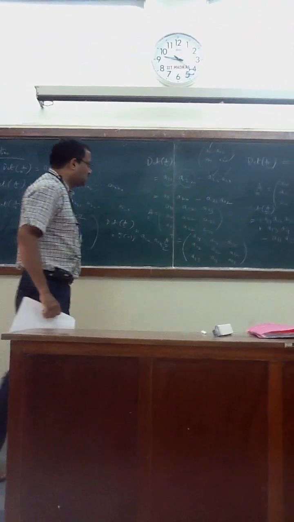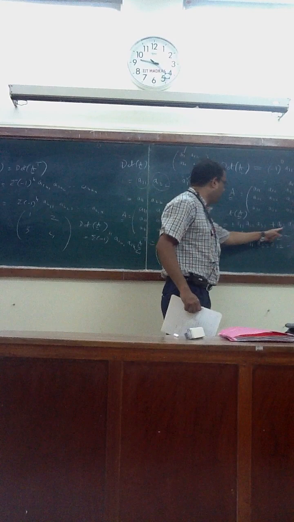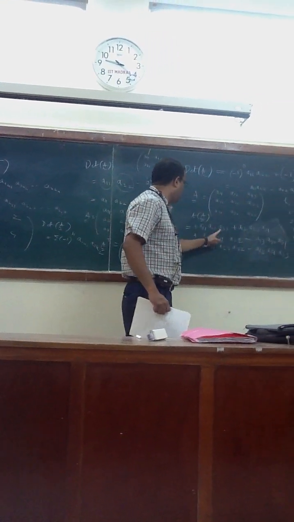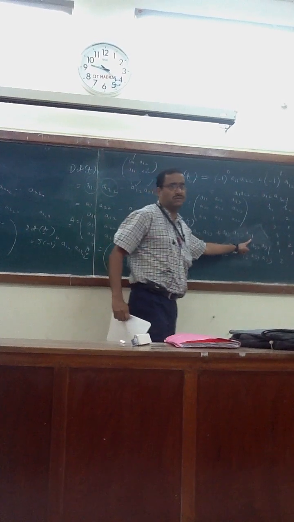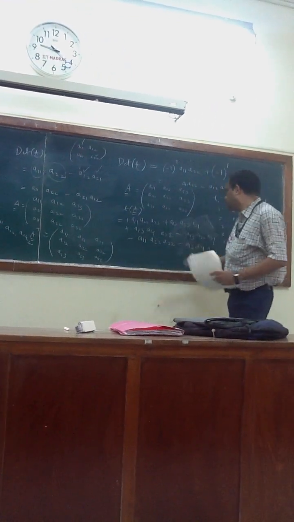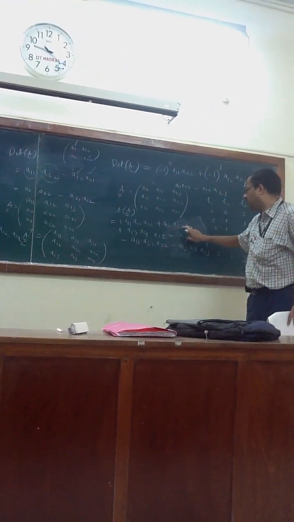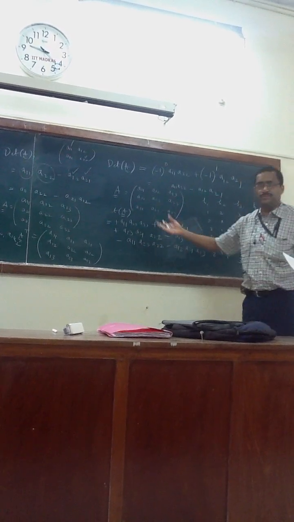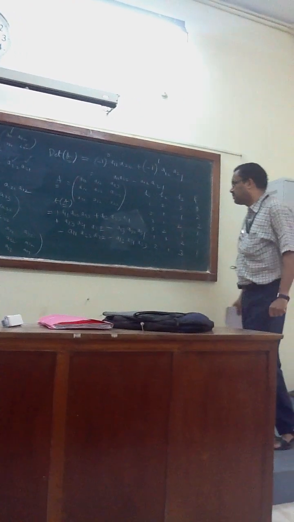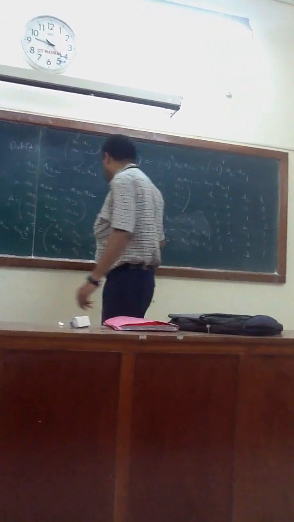And if you flip this, that means the first term is okay. The second term is A21, A32, A13, right? And this will be the same. This sign, if you look at it, will be the same.